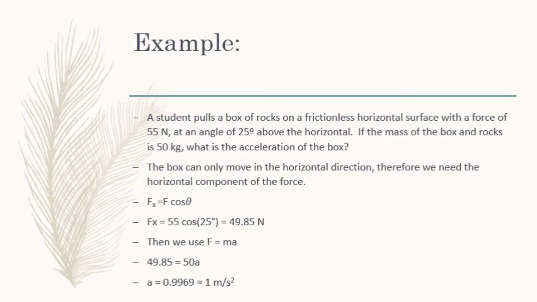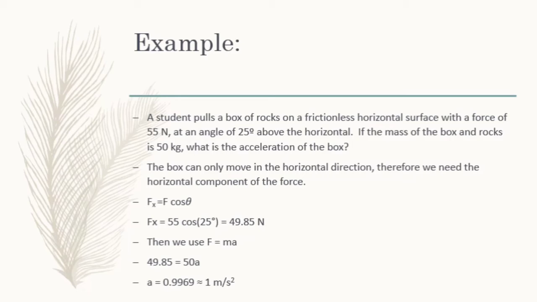So the box can only move in the horizontal direction because we're pulling it across the floor. Therefore, we need the horizontal component of the force. We could get the vertical component of the force if we wanted to know what the normal force is, or basically just for more information.